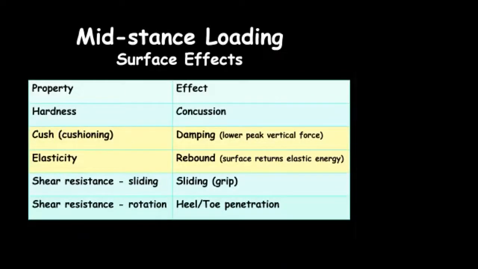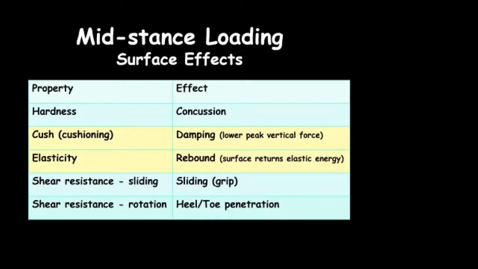I said that surface was one of the things that affects loading in mid-stance. And here we're concerned with two features of the footing, the cush or cushioning. And this is what provides damping, and the effect of damping is to lower the peak vertical force on the limb.